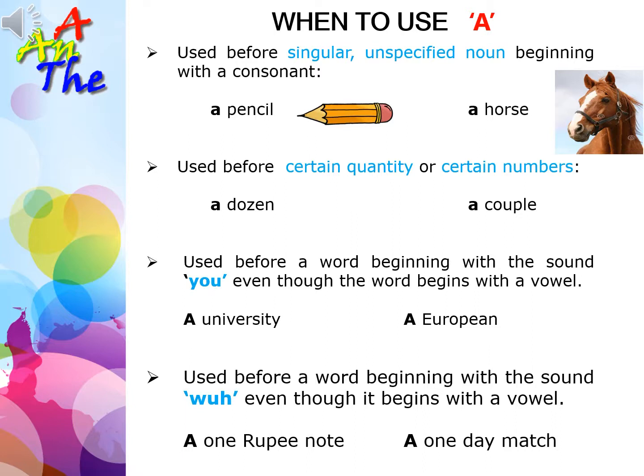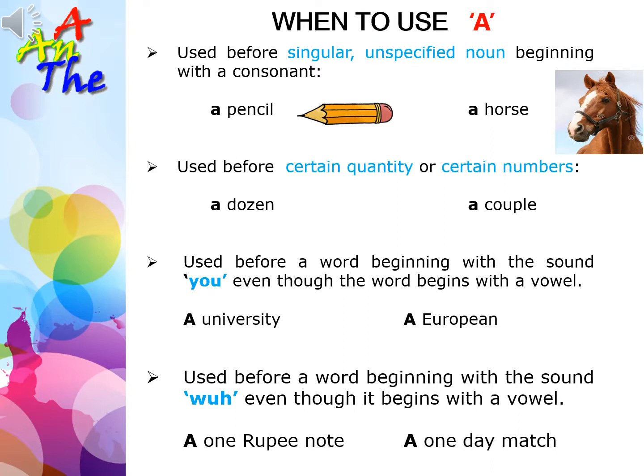Second rule, we use it before a certain quantity or certain numbers. For example, a dozen or a couple. Third rule, we use it before a word beginning with the sound U, even though the word begins with a vowel.